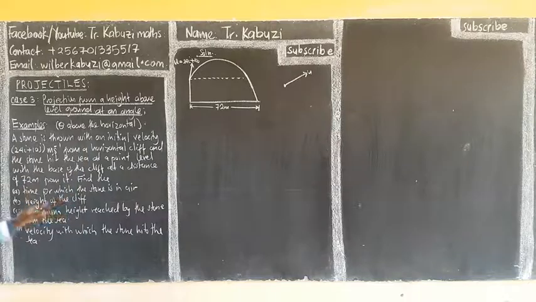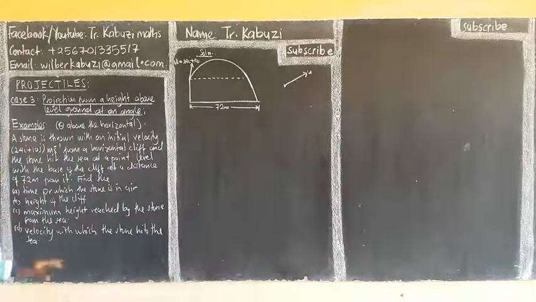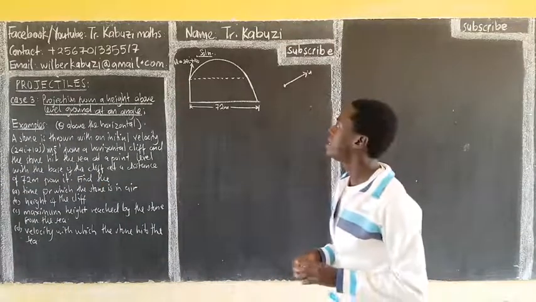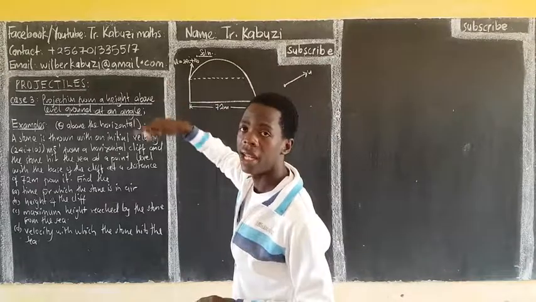Then let's find the time for which the stone is in the air. In simple terms, the time it spends in the air. Then they ask us to get the height of the cliff, the maximum height reached by the stone from the sea, and so on. Now, if they give you the velocity in terms of i and j, in simple terms, they are giving you the horizontal and the vertical component.